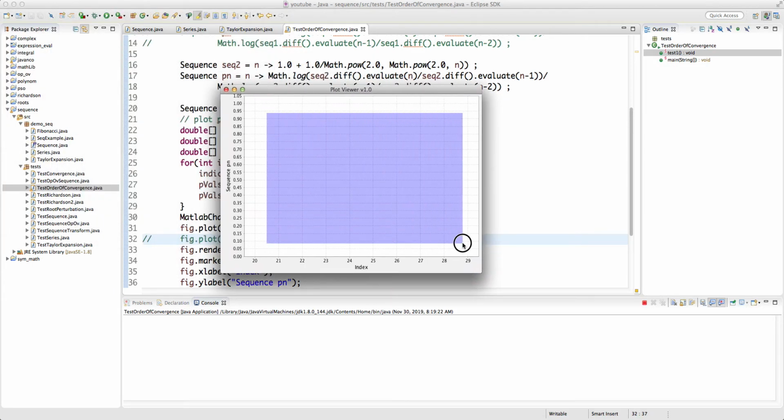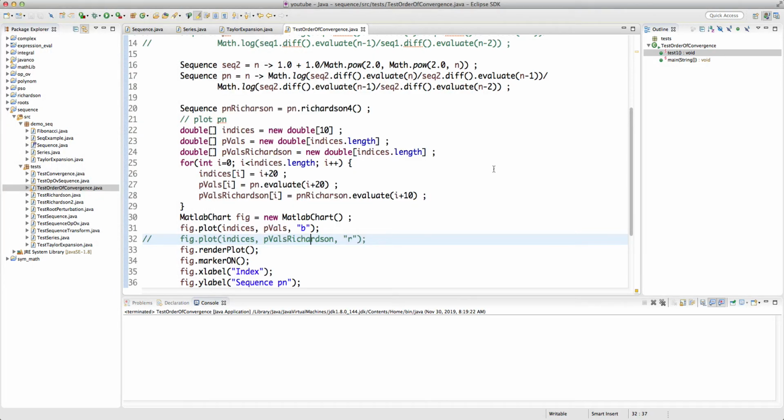No, it still doesn't give us anything. I assume that's because something becomes negative here. N minus 1 divided by, if we take the diff, n plus 1, that's definitely negative, n minus 1 over n minus 2.